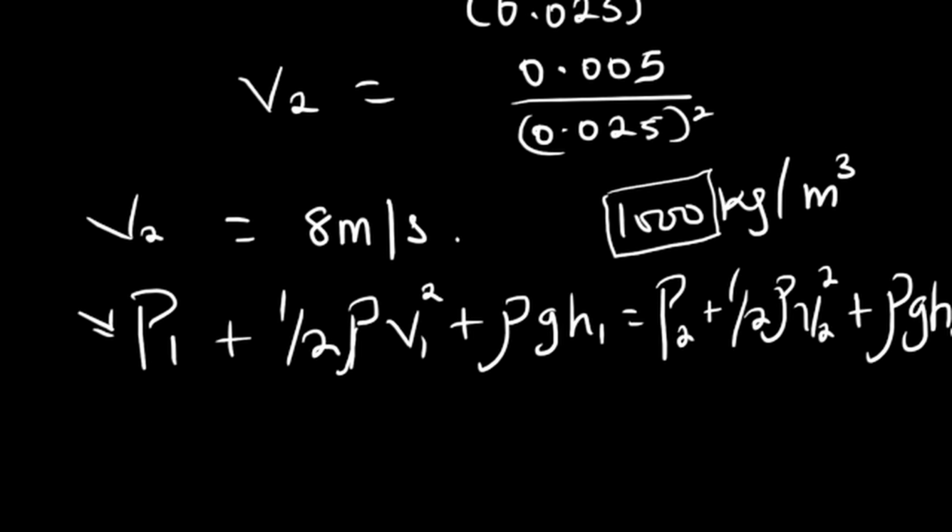It's always going to be given. And here the G refers to gravity. This is height, the height of the pipe. The H1 is the first height of the pipe, and the P2 here refers to the pressure with which it leaves, or the pressure at the second cross-sectional area.